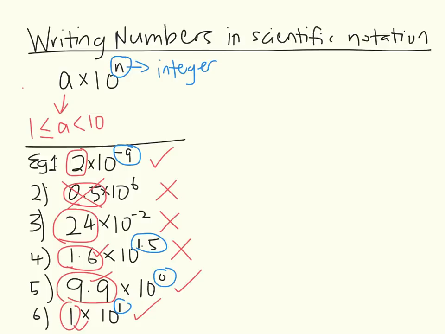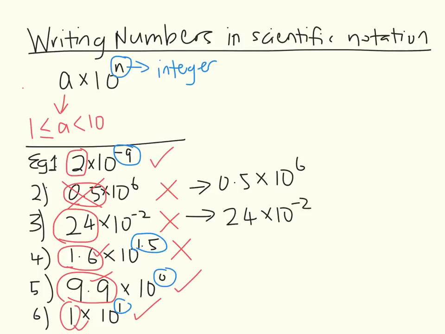Something for you to think about: if we have examples like 2 and 3, how can we write them in scientific notation? Let's look at this number here, 0.5 times 10 to the power of 6. We have to make sure that this number 5 is between 1 and 10, and also the second example here, 24 times 10 to the power of negative 2.